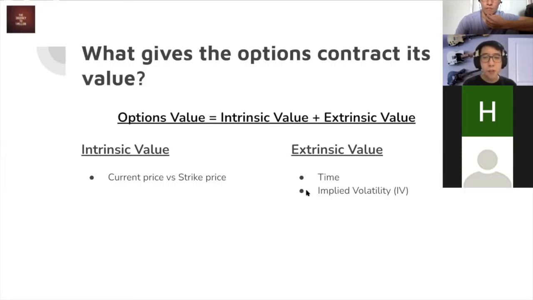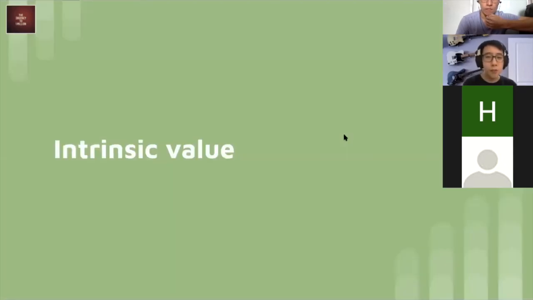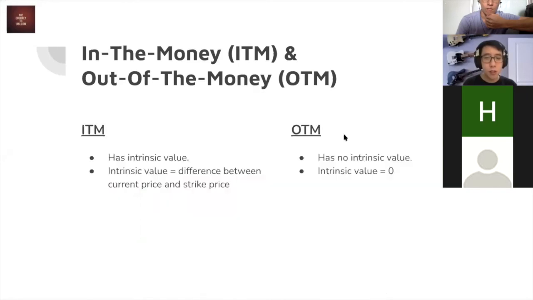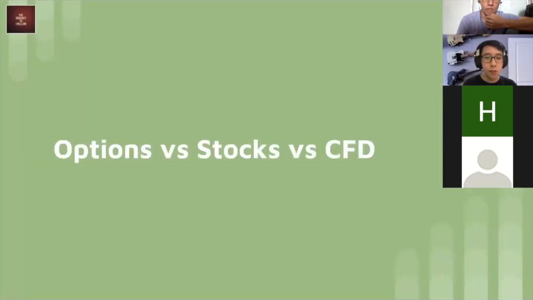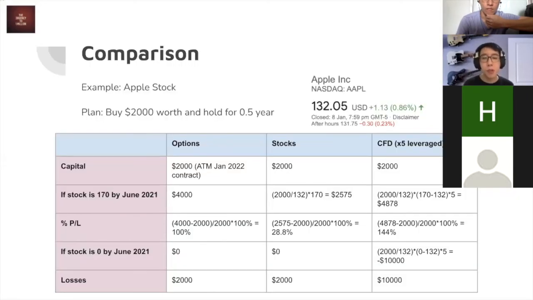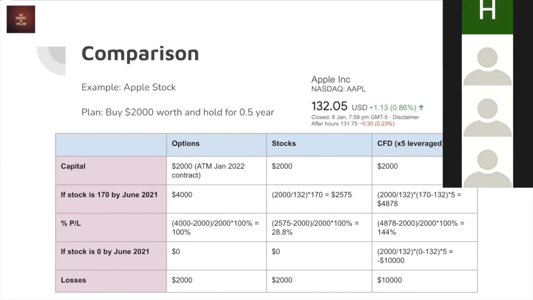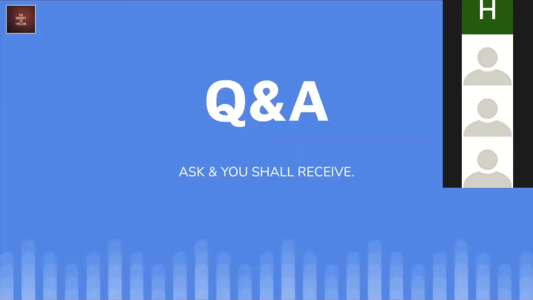And I have also jumped into the options contract value, which is the intrinsic value and extrinsic value, and comparing between stocks and CFD. Yeah, so this is basically what I have covered today.